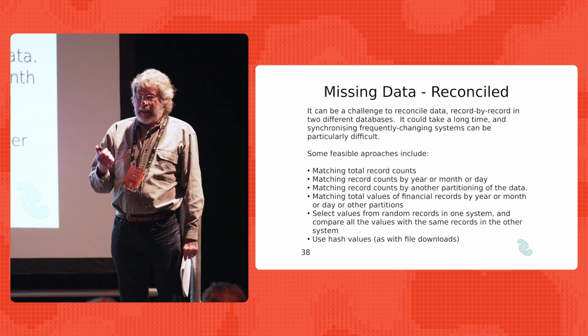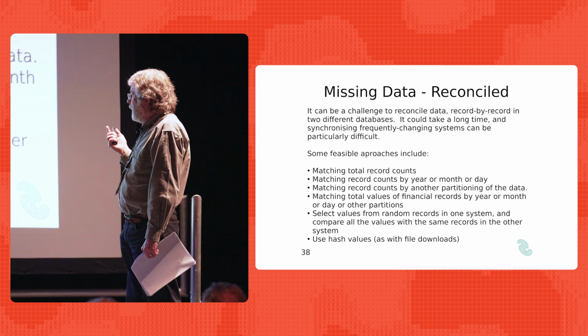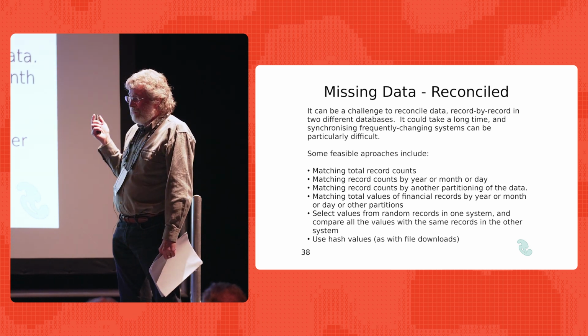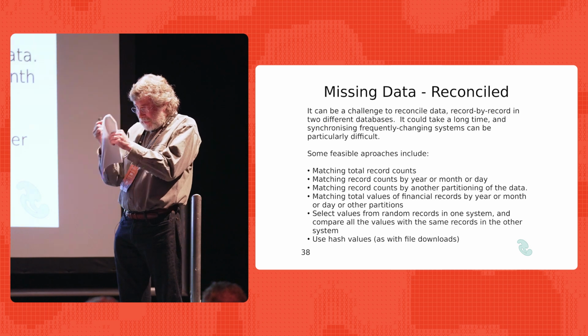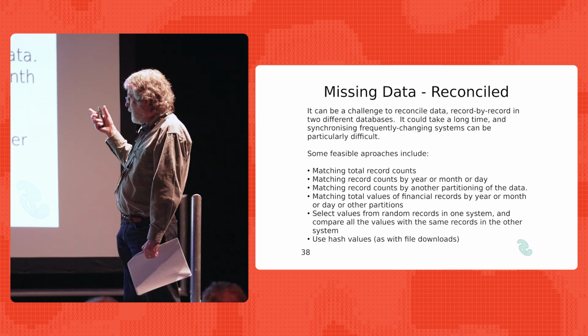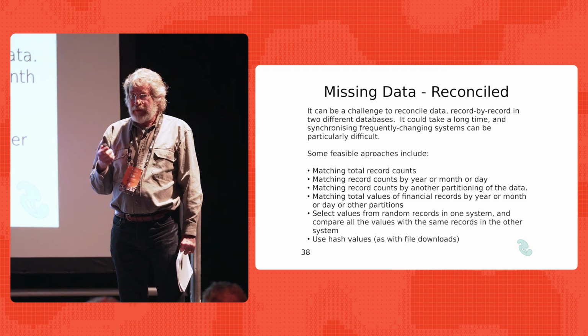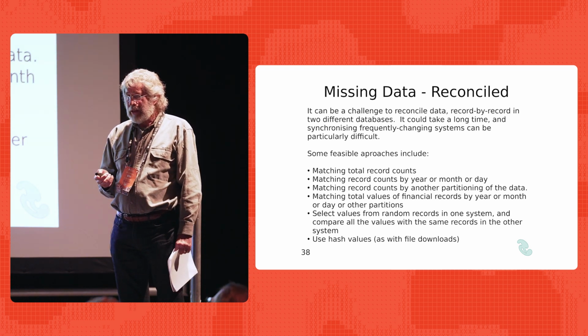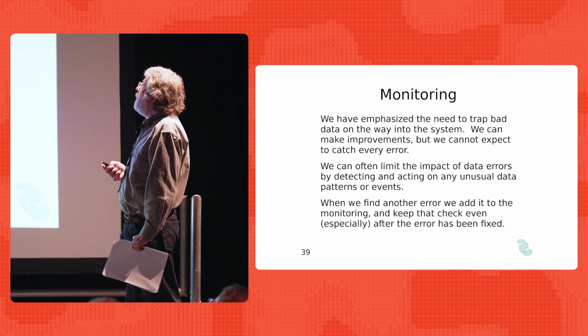If they're financial records, you can check the total amounts. They should come out the same. And those kinds of queries aren't really expensive. You're not comparing each record with each record, but actually those aggregate values. And we can also use hash values like you do if you're downloading files. So we can at least try to see if the data is going to match.